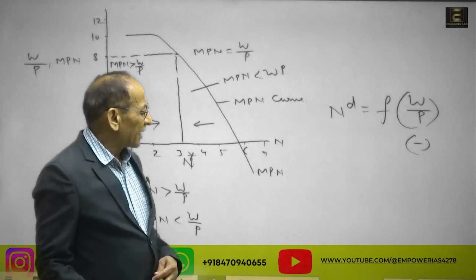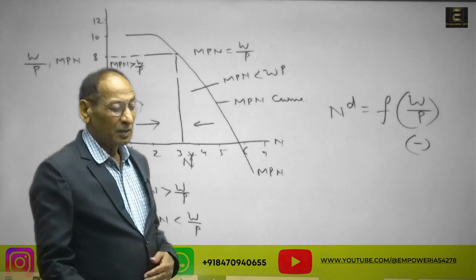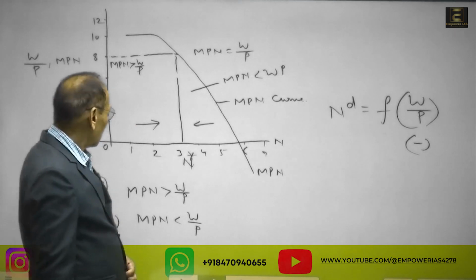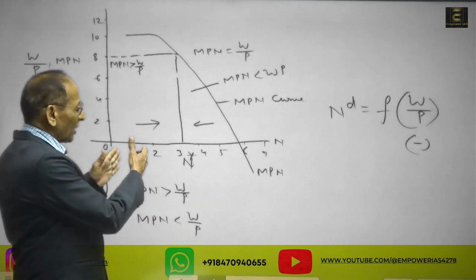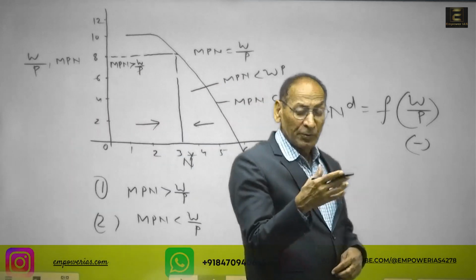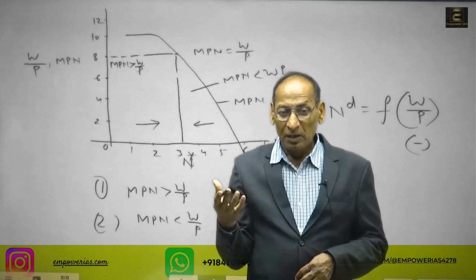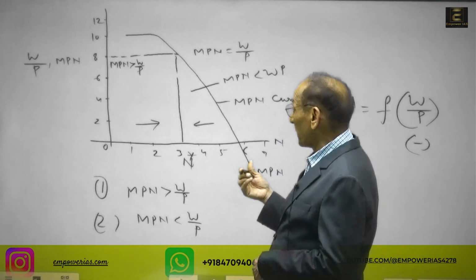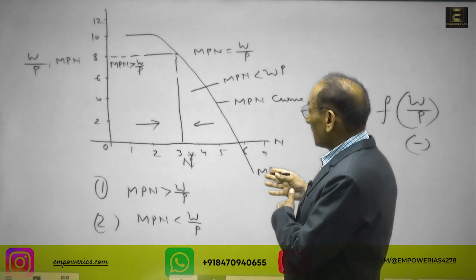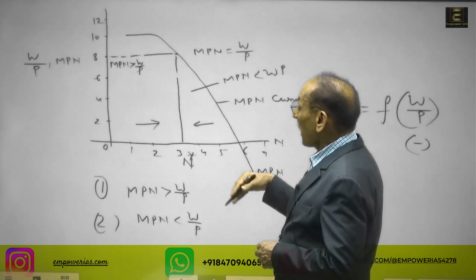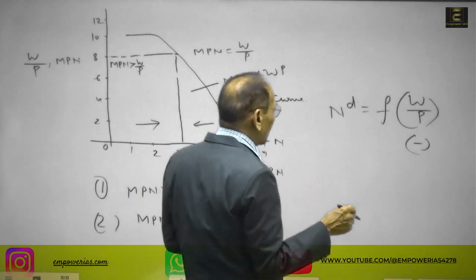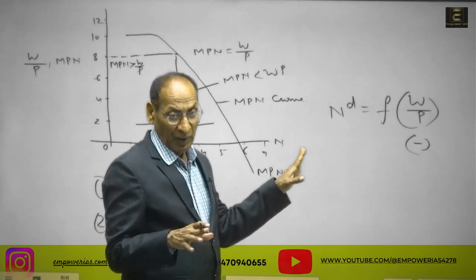If the real wage rate is higher, the demand for labor will be less. If the real wage rate is less, the demand for labor will be higher. By this process we derive the demand curve of labor.